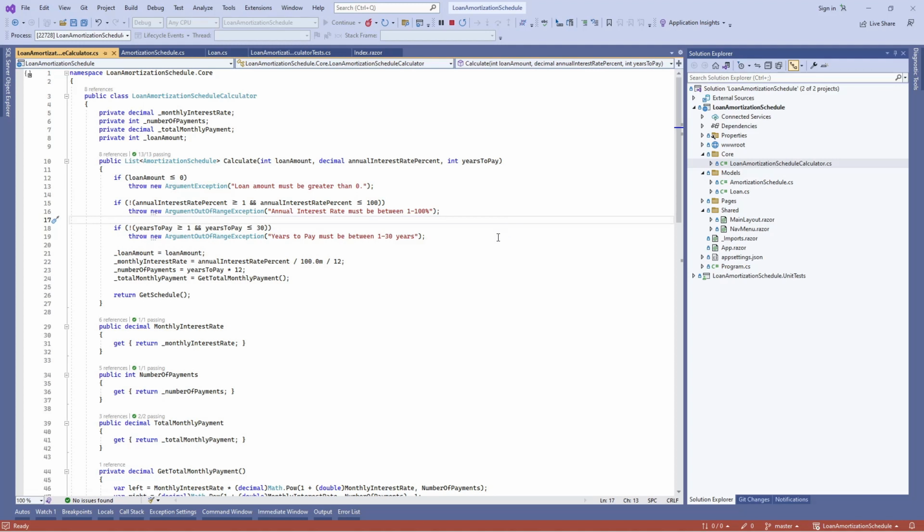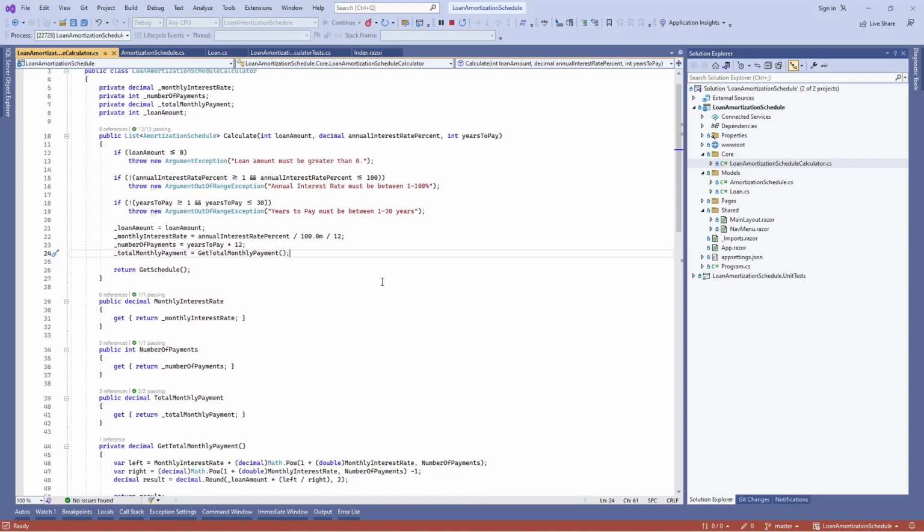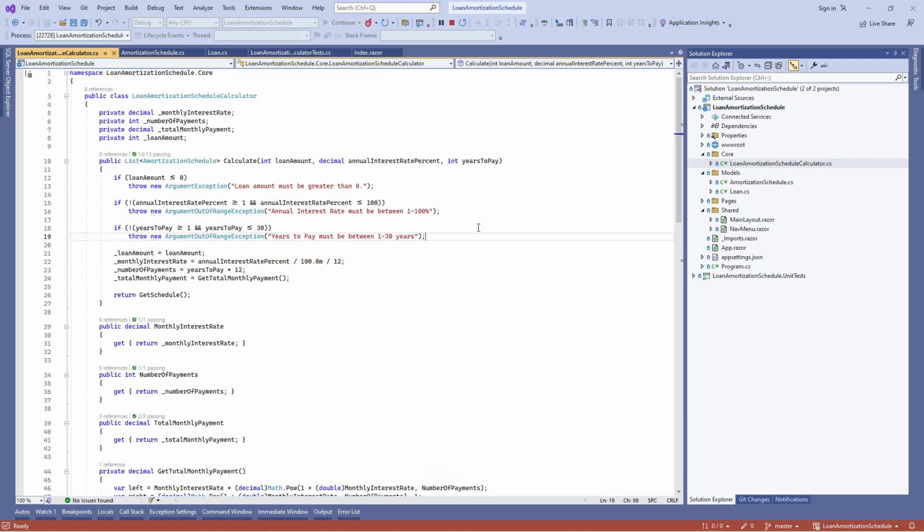With this approach, prior to building out the rest of the logic for our calculate method, I have followed the TDD approach, or the test-driven development approach. That means that prior to building out the actual logic of our method, in this case our calculate method that would calculate the loan amortization schedule, we will be doing our tests first, since that is the essence of TDD.